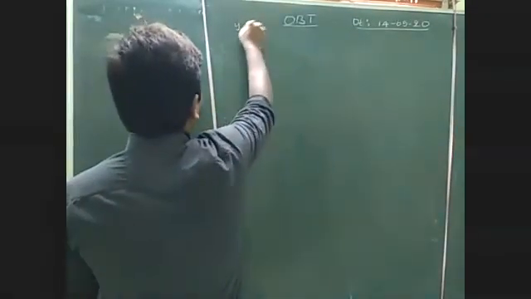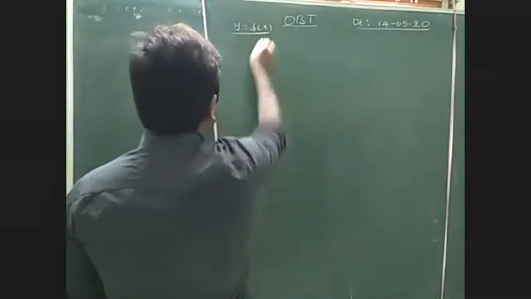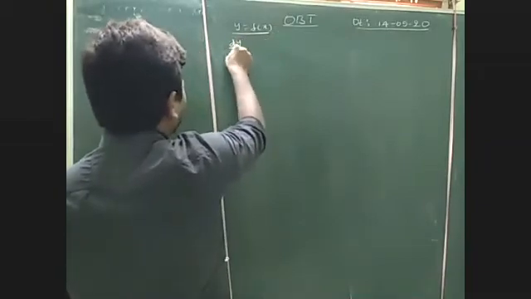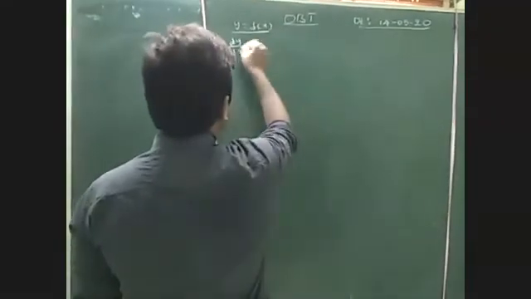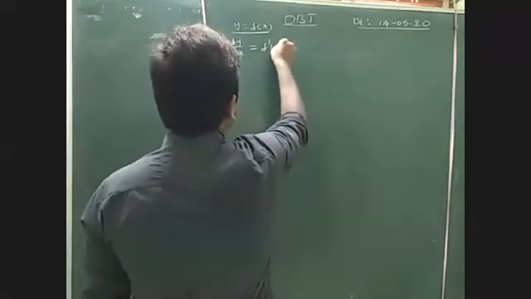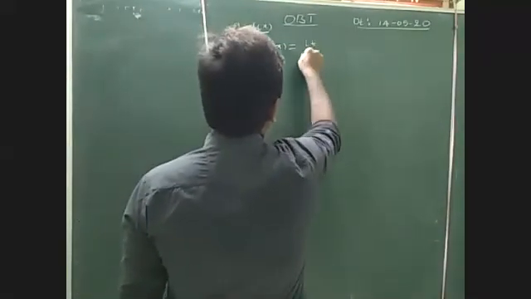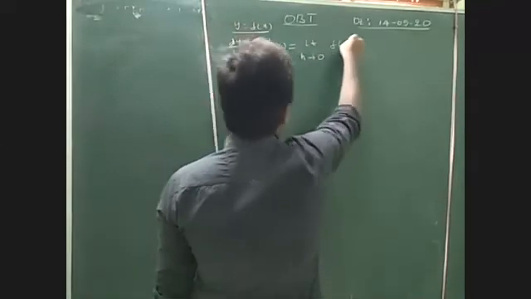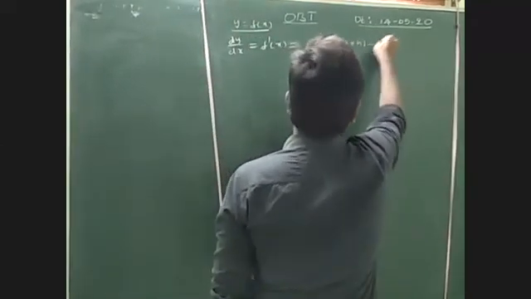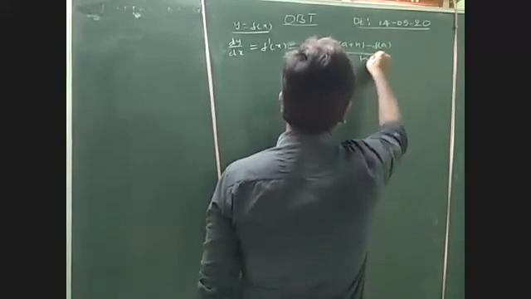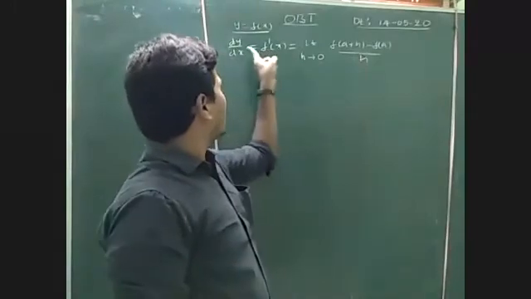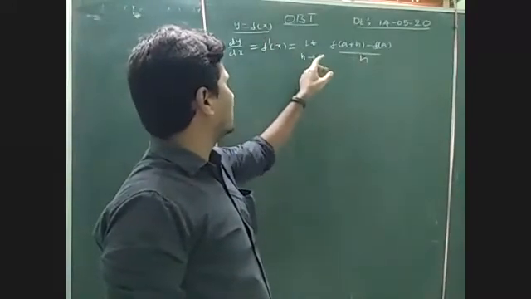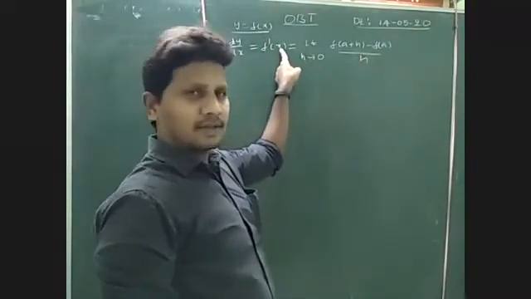So y is equal to f of x, this is any curve, dy by dx is given by the differentiability. How to find dy by dx or f dash of x? This is equal to limit h tends to 0, f of a plus h minus f of a by h. So this will give the derivative of the given function with respect to x generally.